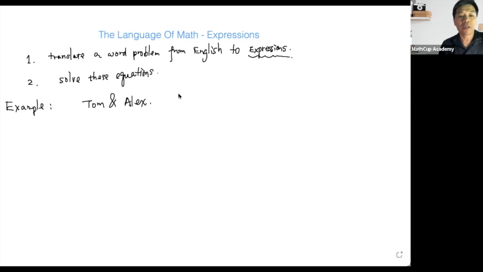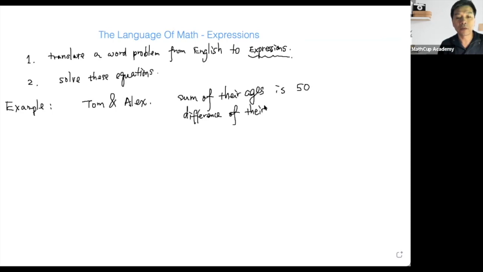The sum of their ages is 50. And the difference of their ages is 6.